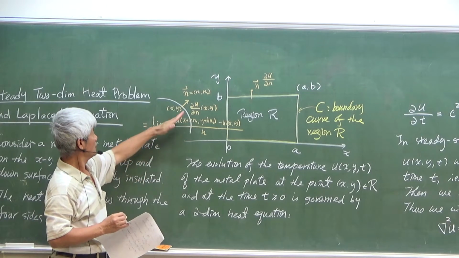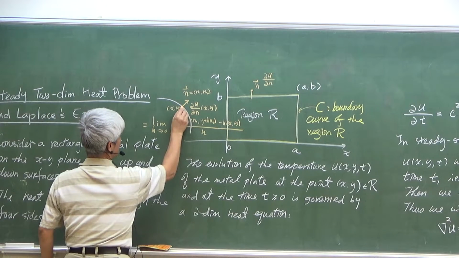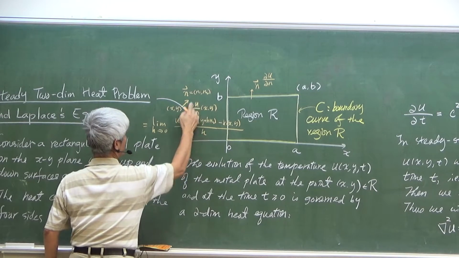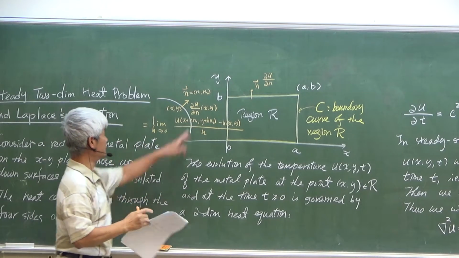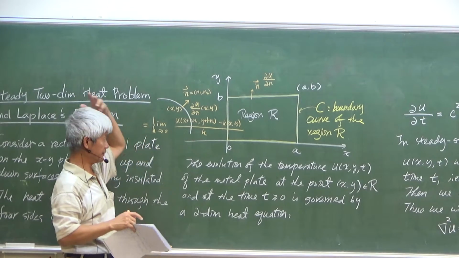So I want to know that if the point (x, y) changes in this direction, how the value of u changes. Okay, so it's called a directional derivative.